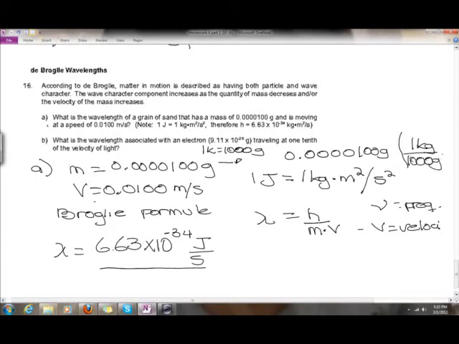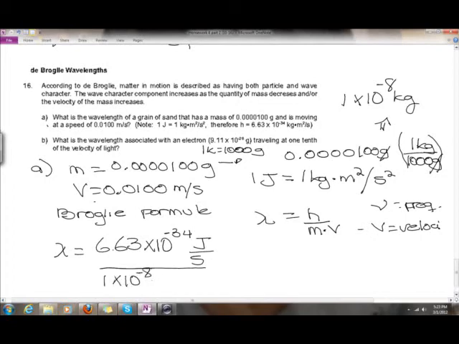So grams and grams cancel out. On top, this would be 1, 2, 3, 4, 5, 6, 7, 8, and 1 by 10 to the minus 8 kilograms. So let's plug it in here, down below, 1 by 10 to the minus 8.